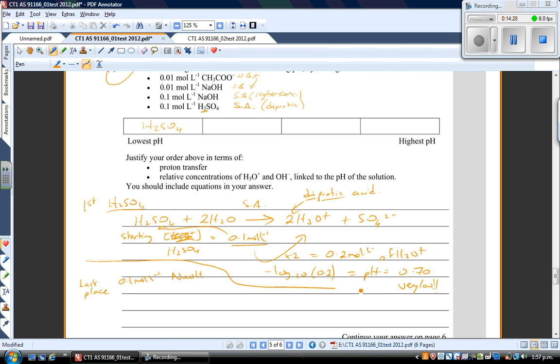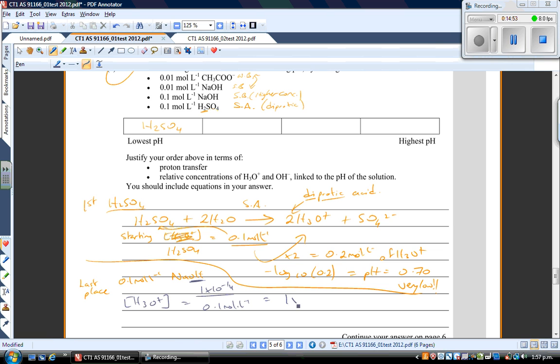So let's just separate this out. So the sodium hydroxide, let's do that in a blue. So in this instance, the concentration of H3O plus needs to be established from that. So that's going to be equal to 1 by 10 to the minus 14 divided by the concentration of hydroxide ions that you get from the dissociation of sodium hydroxide, which is 0.1 mole per liter.